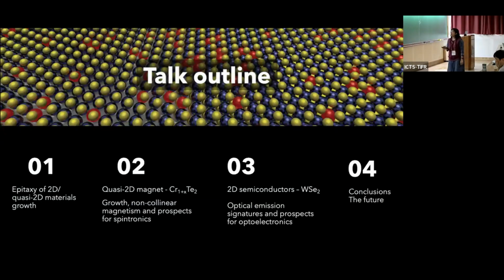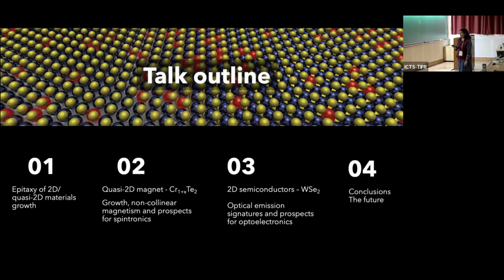So let me give you a brief outline of the talk. First I will talk briefly about the epitaxy of 2D and quasi-2D materials growth. And then I will talk about one of the systems that we have recently grown, a quasi-2D magnet, chromium telluride. I will talk more about the growth, the non-collinear magnetism, and the prospects for spintronics in this material.